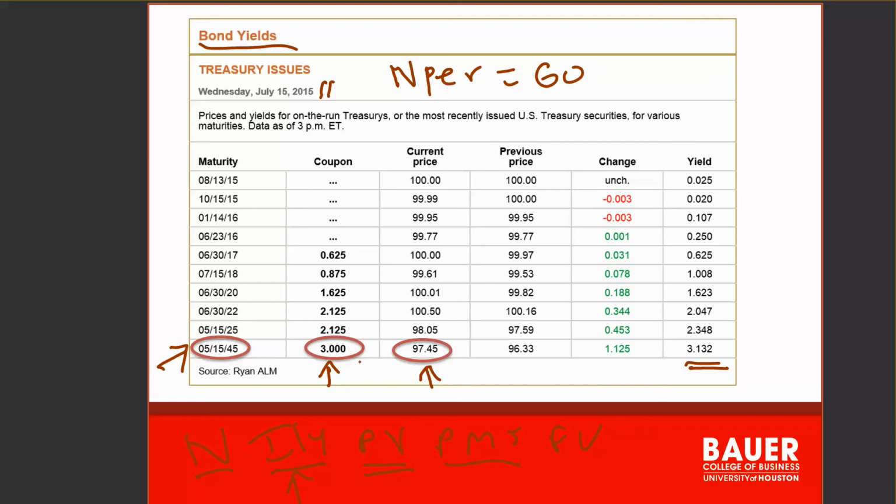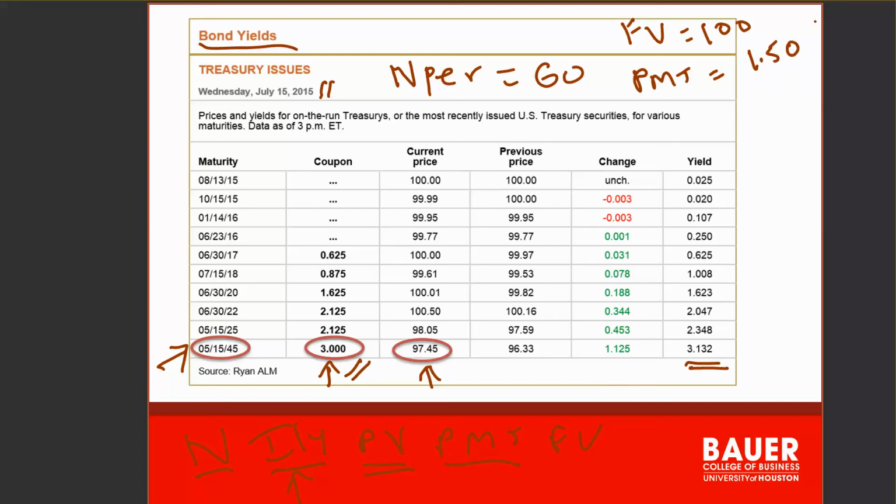The coupon rate on the bond is 3%. Remember, we're going to be assuming a par value of 100. So the future value is 100, which means the coupon rate of 3% converts into a payment of what? 3% of $100 is $3, but since it's semi-annual, that's going to be a payment of $1.50.